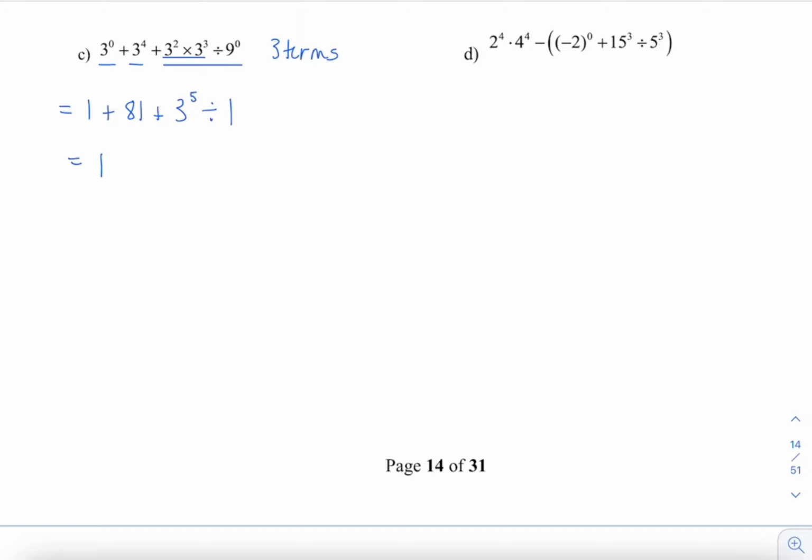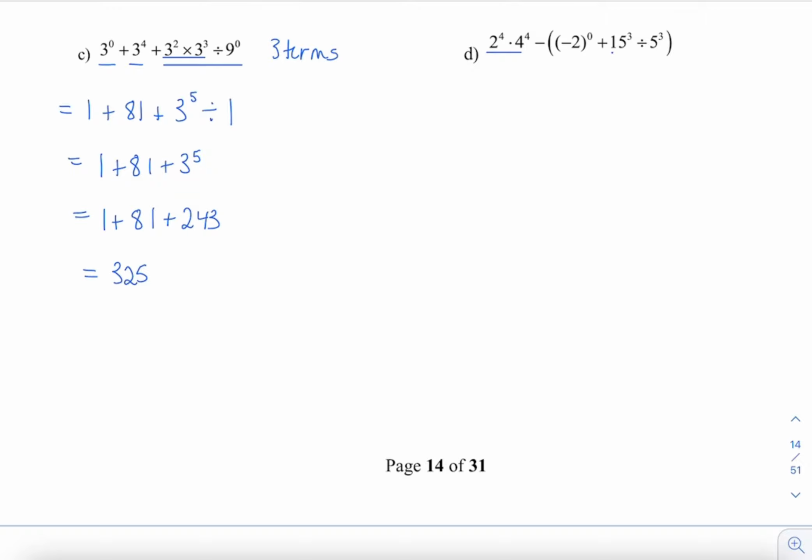So this ends up being 1 plus 81 plus 3 to the exponent 5. And 3 to the exponent 5, I believe, is, oops, I was way off, 243. And let's add those together. 325.